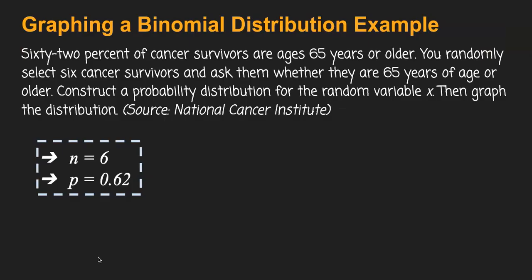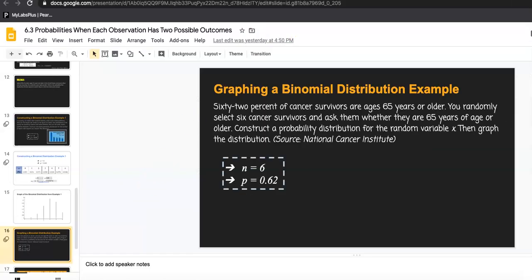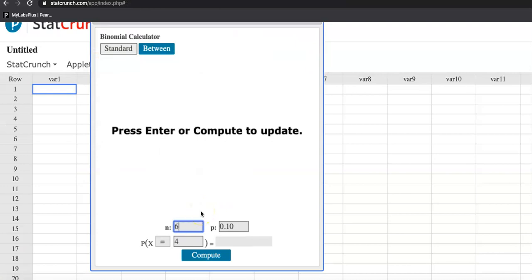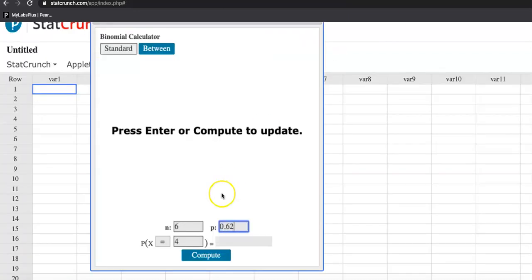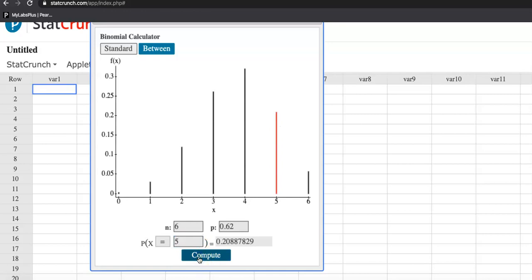Let's do it together on StatCrunch. If you go to StatCrunch and type in n equals 6 and p equals 0.62, and then I'm just going to put in a random value, maybe like 5, because what I really wanted was a probability distribution.